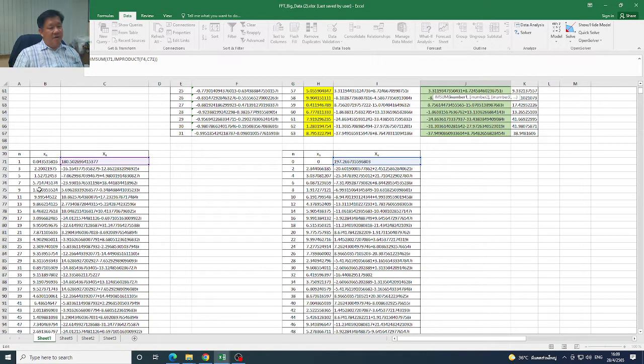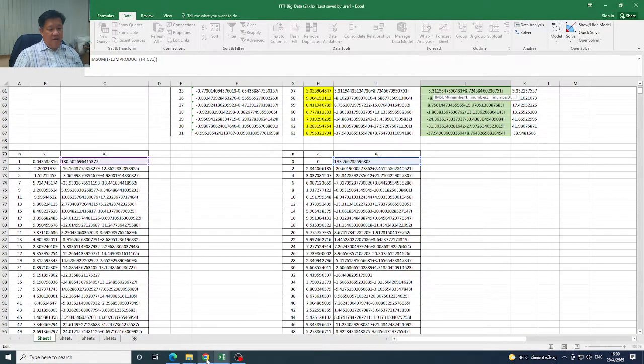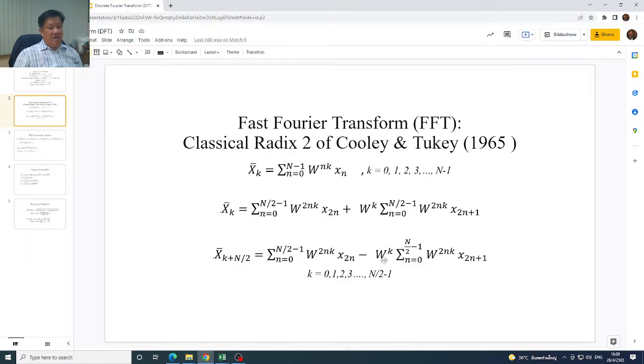But based on the formula here, the summation belongs to the odd location, even though n starts from 0 to 4. The even location is here because this one belongs to the second, fourth, and so on.